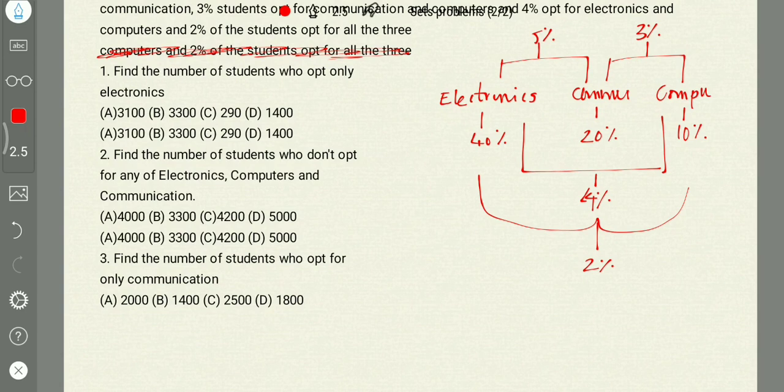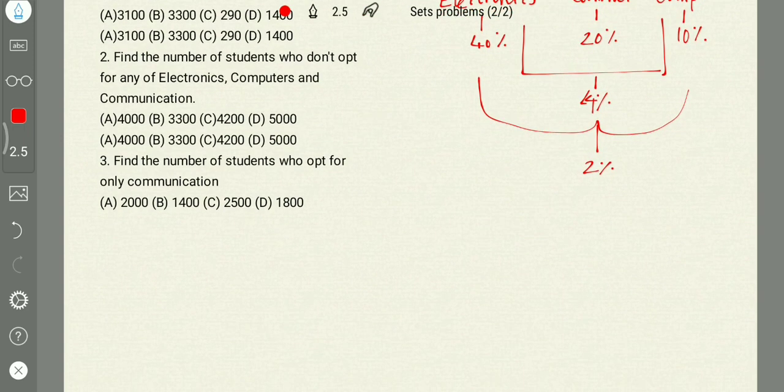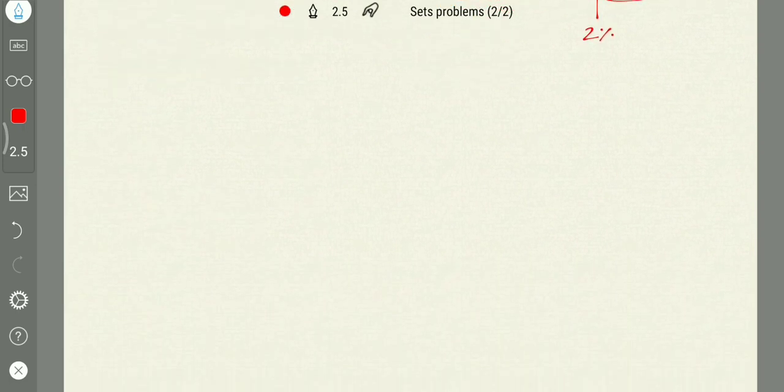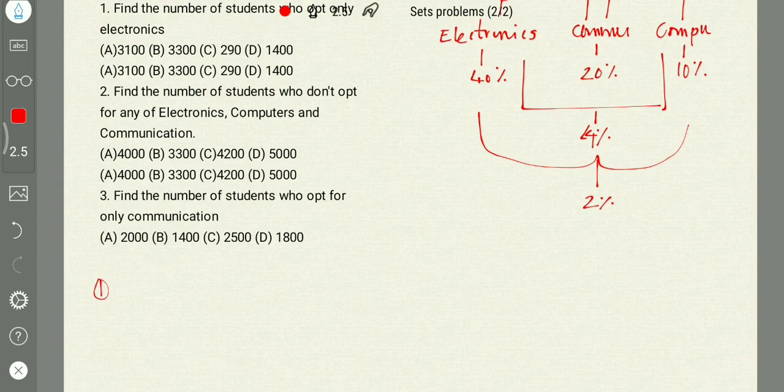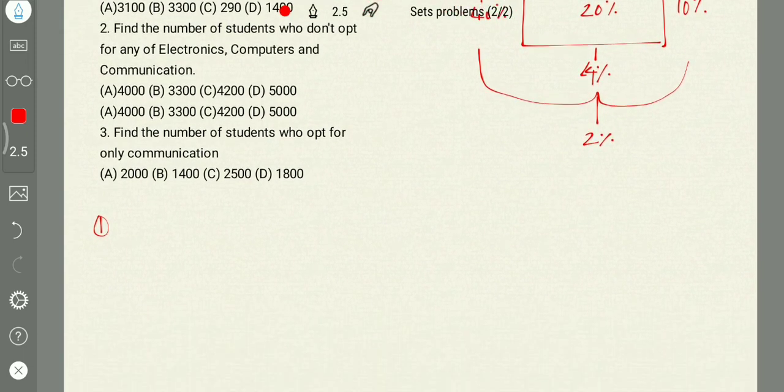Let us solve one by one. Find the number of students who opt only electronics. As I said, we need to solve the problems only using Venn diagrams. Let us plot the Venn diagram first.